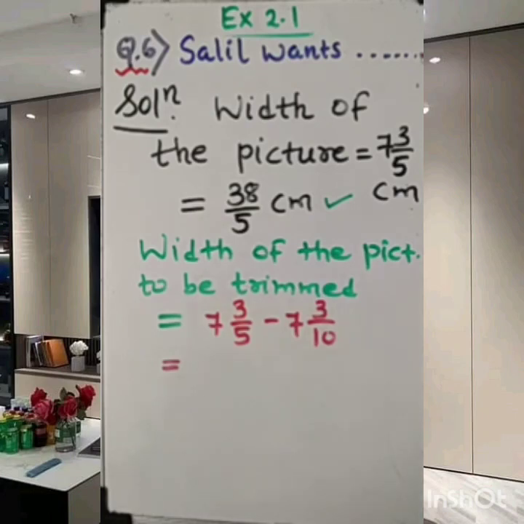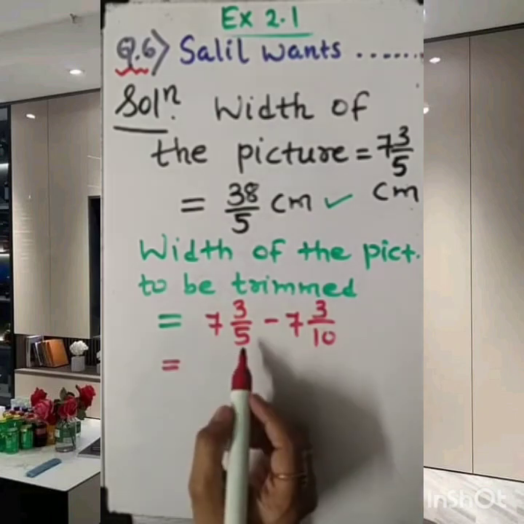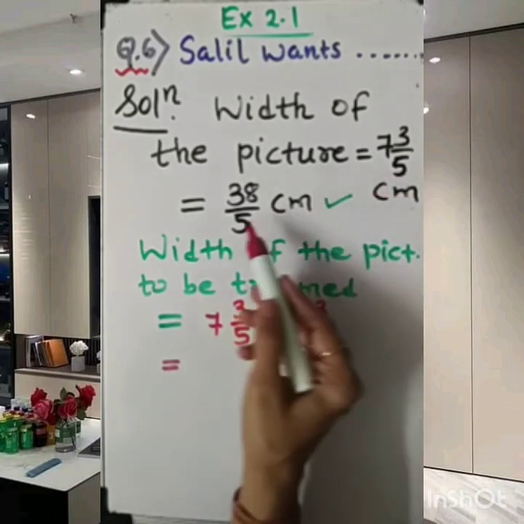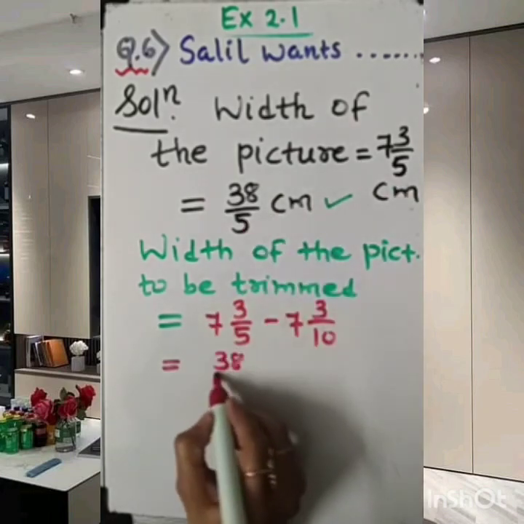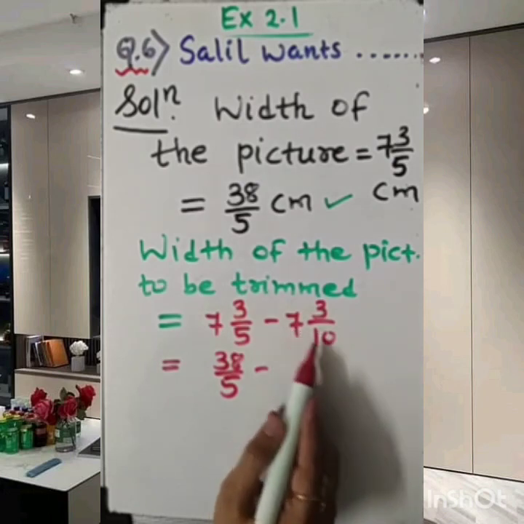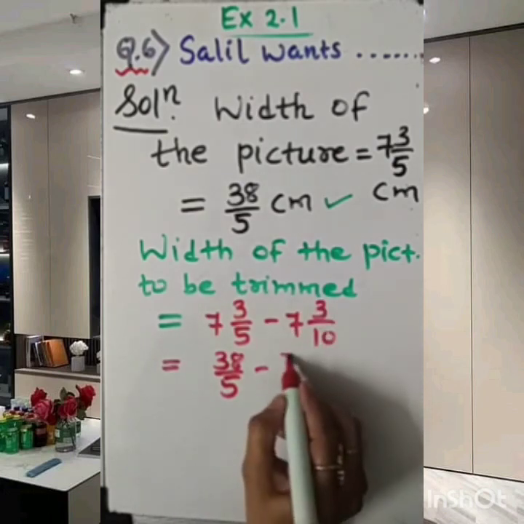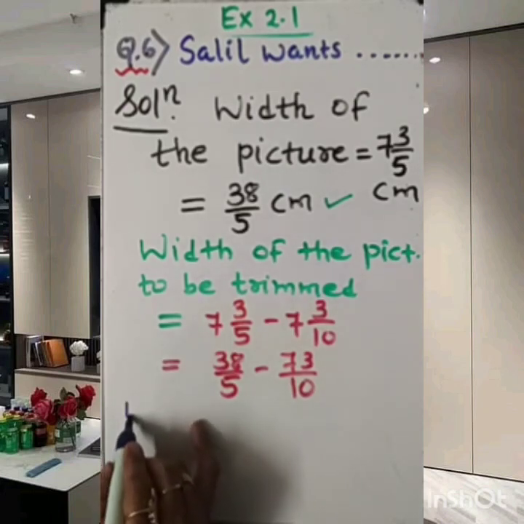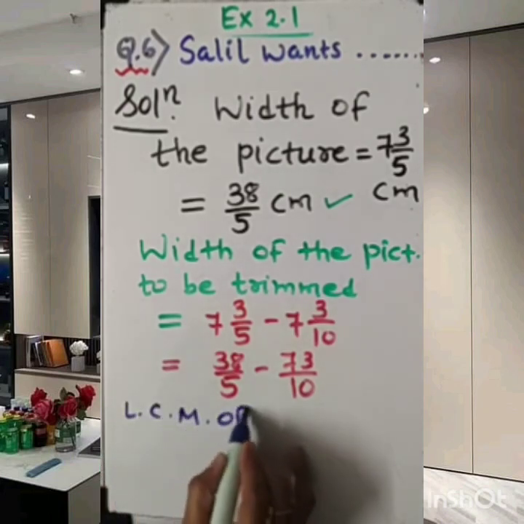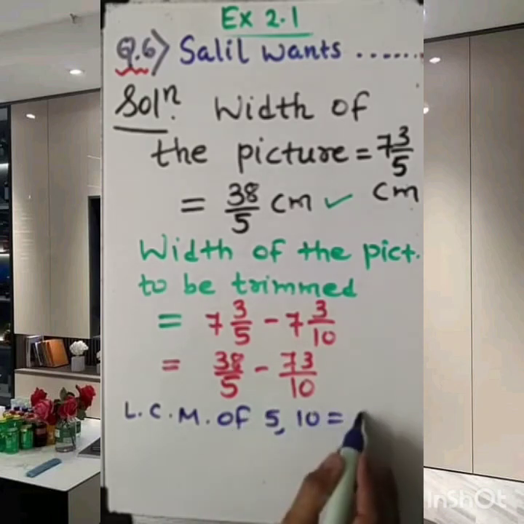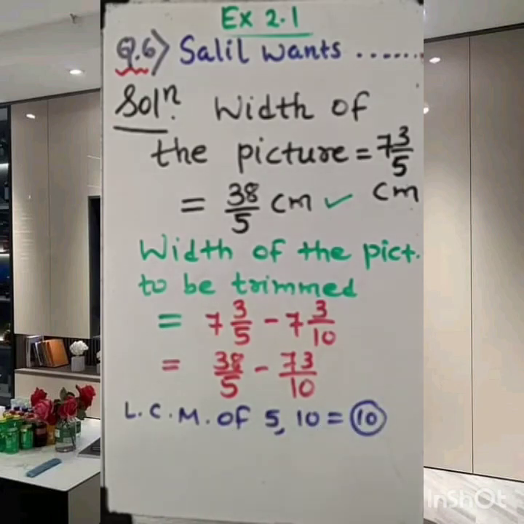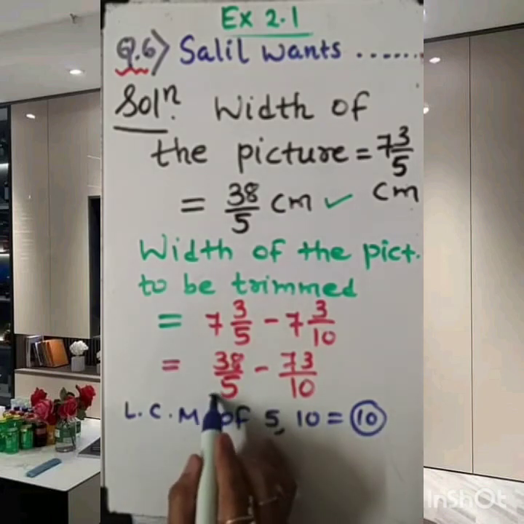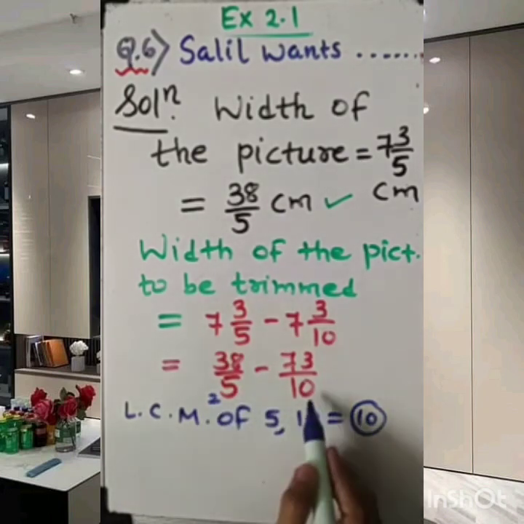Now here you can see what I'm going to do, as I already converted into fractional form. So it is 38/5 minus 7 times 10 is 70, plus 3, that is 73/10. Got it? Now dear student, what is the LCM of 5 and 10? Without calculating also you are able to say the LCM of 5 and 10 will be 10. If the LCM is 10, then I need to multiply this 5 with 2 and this 10 with 1.